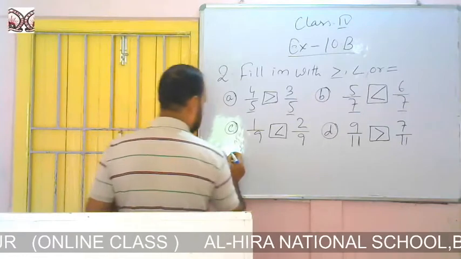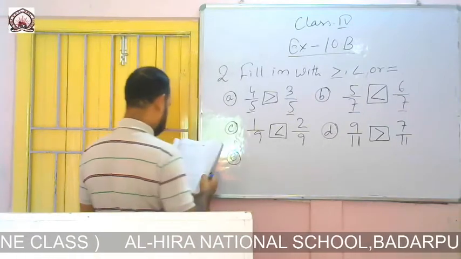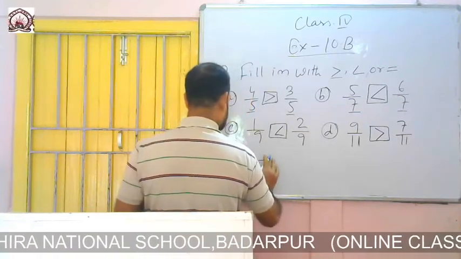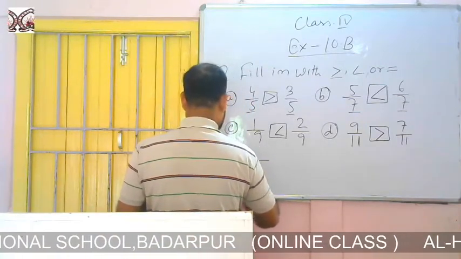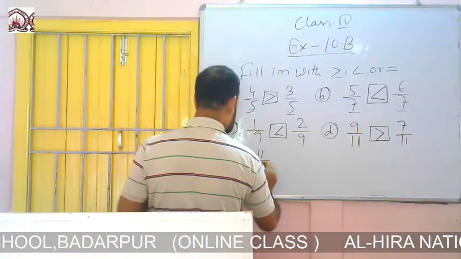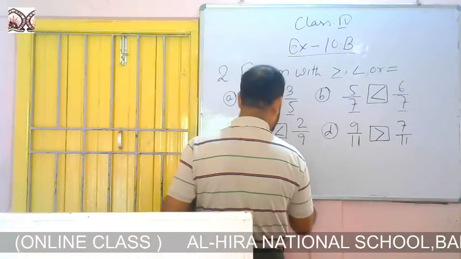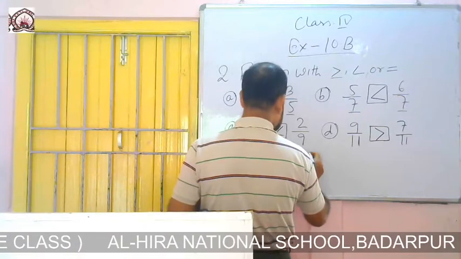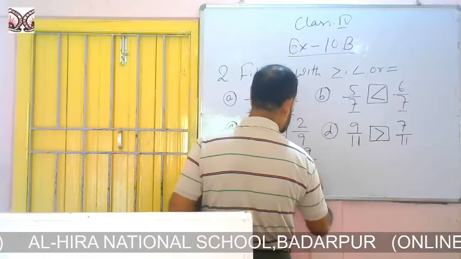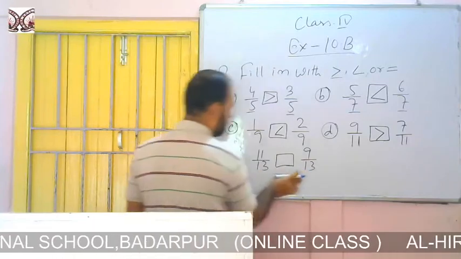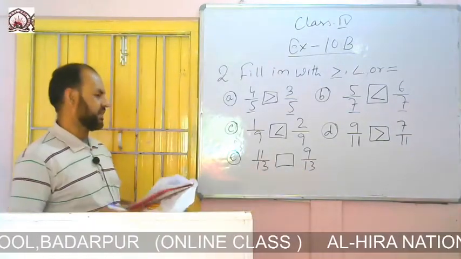Next, question number E, 11 by 13 and 9 by 13. So here also the denominator is 13, so both fractions are like fractions.